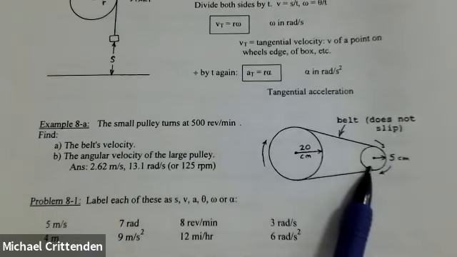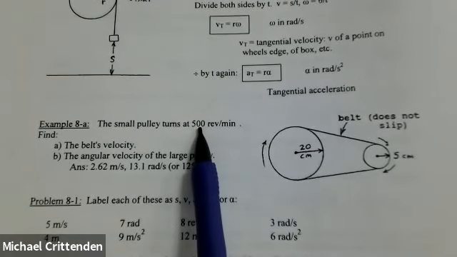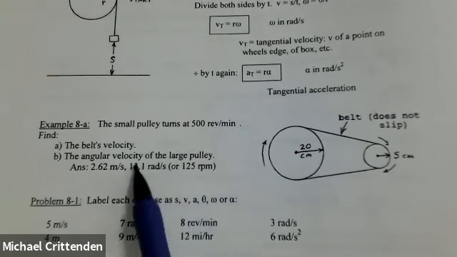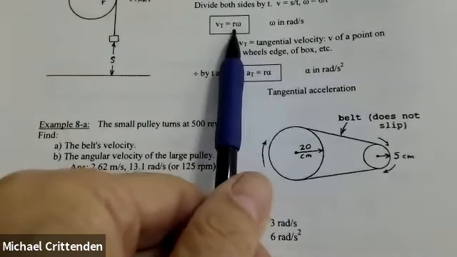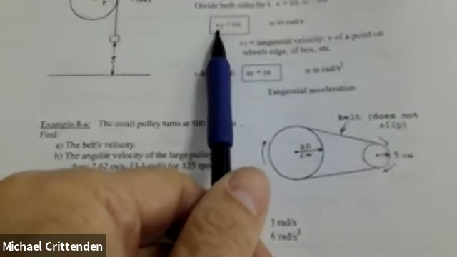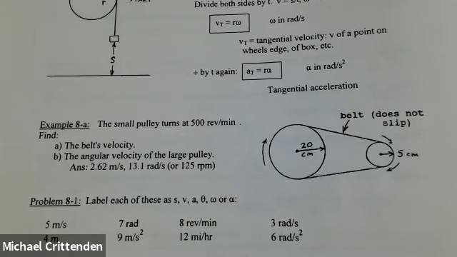I know the angular velocity of the little wheel. It tells me it's spinning around at 500 RPMs, okay? And what it asks me for is v. So if I know the radius, which is given on the picture, and I know omega, I can solve for v. And that's kind of the general idea. There's some details I'll write out in a moment, but that's part A.